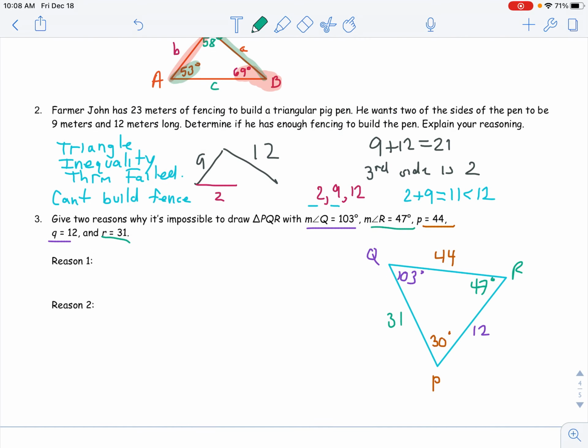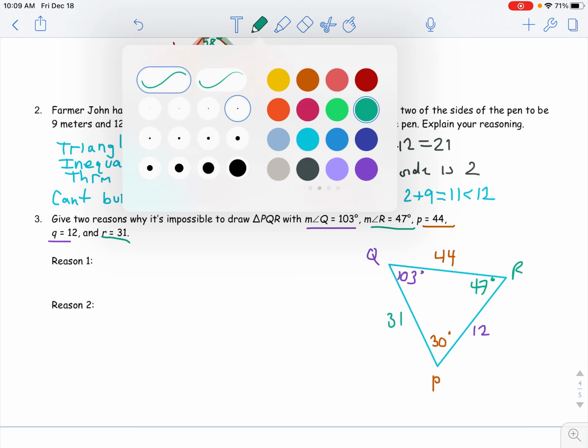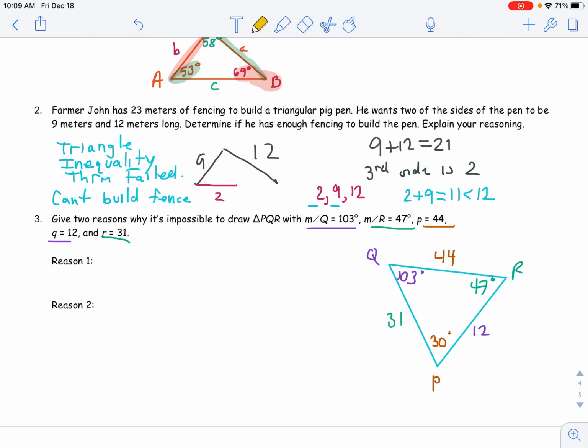All right. So all these angle measures, all these side lengths. First off, it's impossible, because let's investigate this.